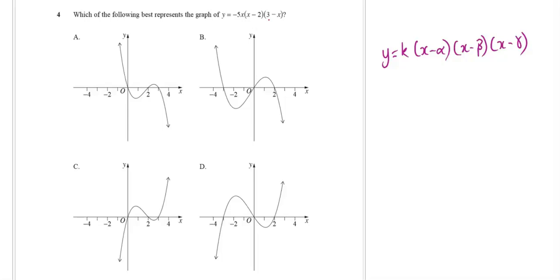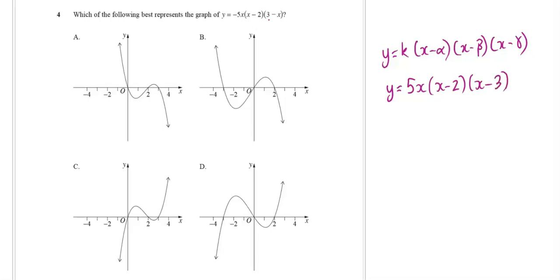I can achieve that here by changing that minus sign out the front by swapping the direction of the final term. So I can turn it into y equals 5x(x minus 2)(x minus 3).